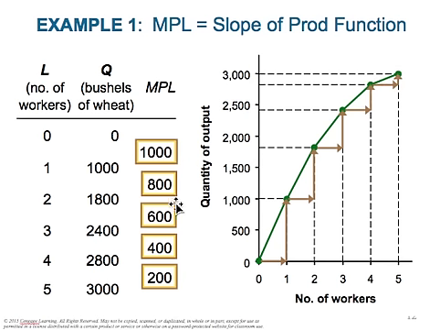Your marginal product of labor is the slope from one point to the next: from 1 worker to 2 workers, from 3 workers to 4 workers, from 2,400 bushels to 2,800 bushels, from 2,800 to 3,000 bushels. So marginal product of labor is the slope of your production function.